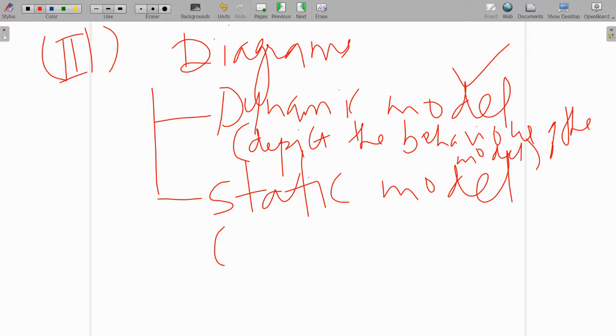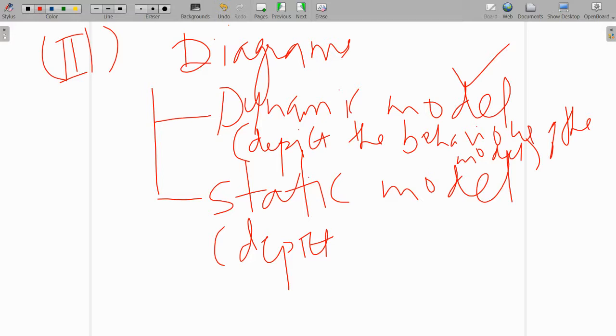The static model depicts the structure of the model. First, what is its structure, that is, to show the two things. So that element is called a structure, and the depiction of that structure is shown by the static model. Static also means that which is not dynamic, which is stable.